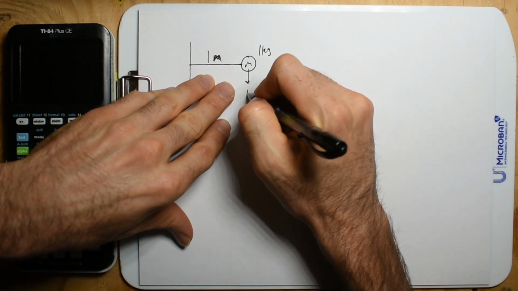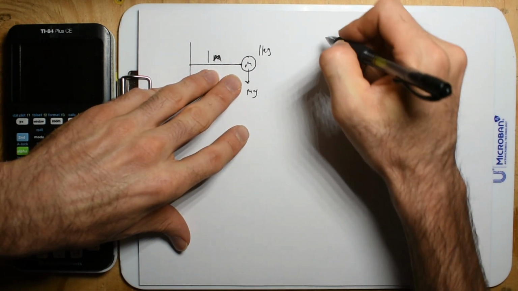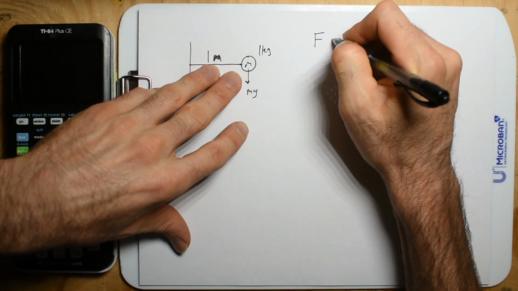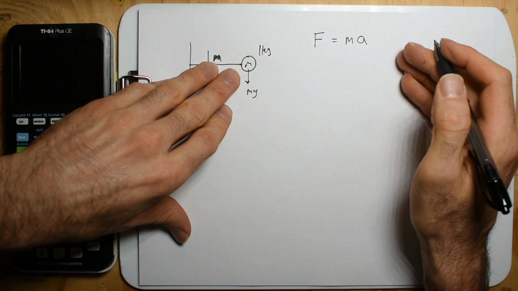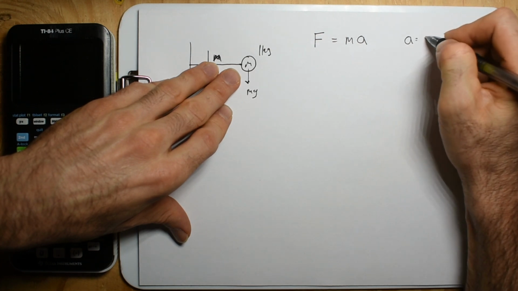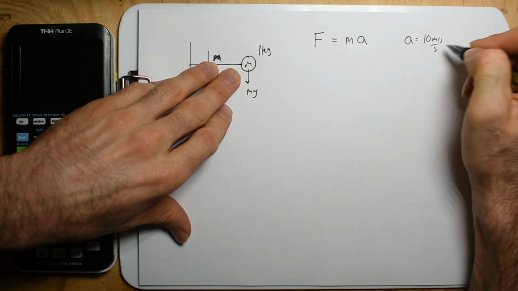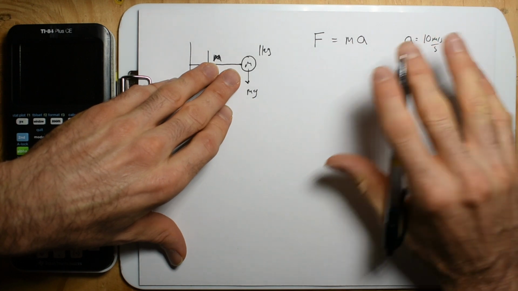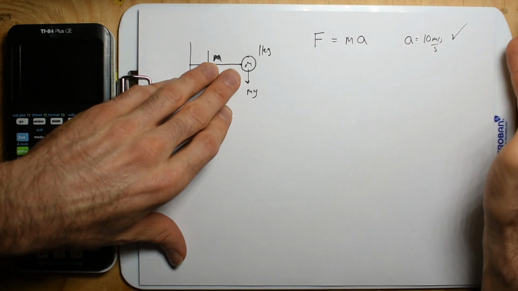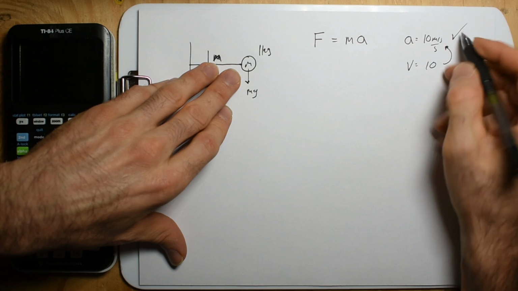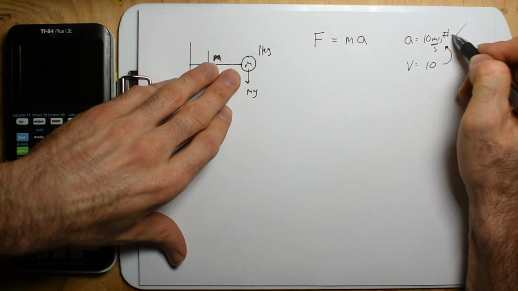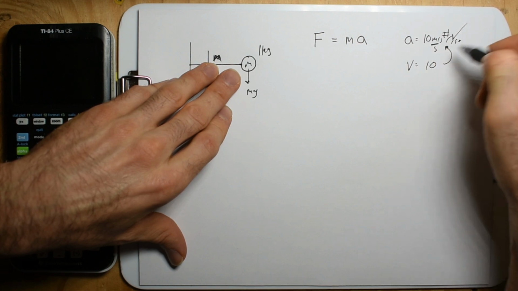This is 10 newtons, and we have force equal to mass times acceleration. But then I got a number for acceleration, 10 meters per second squared, and I just said, I'm going to run the problem for 1 second. If that's my acceleration, after 1 second my velocity is just that number, because it's the number divided by 1 second. So run it for 1 second.